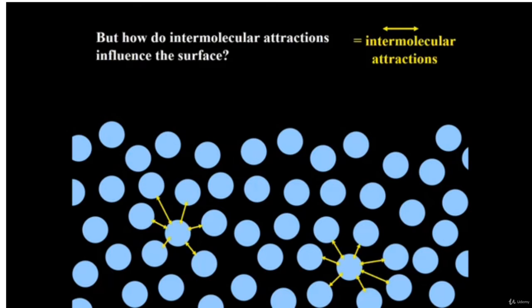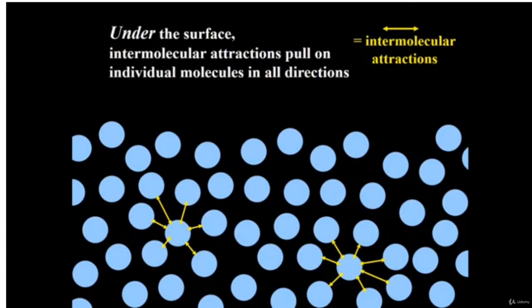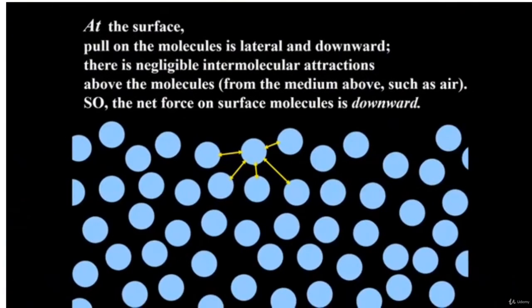But what we should find out is how intermolecular attractions influence the surface. First, let's look at intermolecular forces under the surface, where attractions of individual molecules pull on each other in all directions. At the surface, the pull on the molecules is lateral and downward. There are negligible attractions above the molecules, and so the net force on surface molecules is downward.